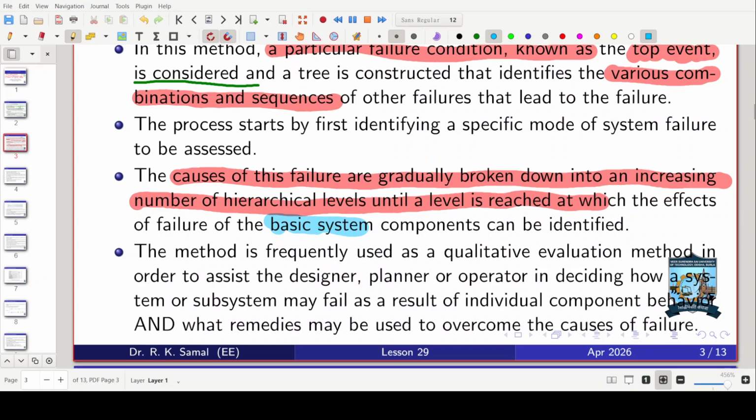So we go on segregating the system until we reach the most basic or elementary level. The method is frequently used as a qualitative evaluation method in order to assist the designer, planner, or operator in deciding how a system or subsystem may fail as a result of individual component behavior and what remedies. So how we can alleviate such a scenario. Okay.